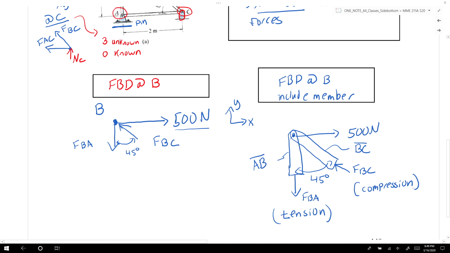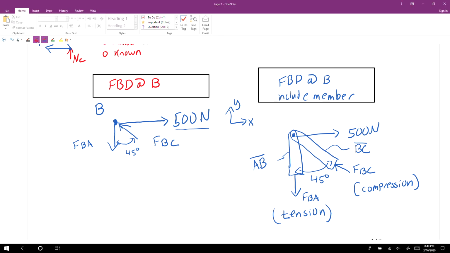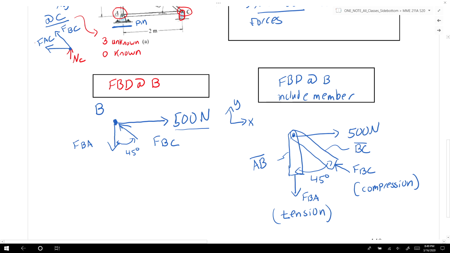So if we look at our free body diagram, what we can say is that forces that are pulling on the pin, or coming out of the joint, are in tension.